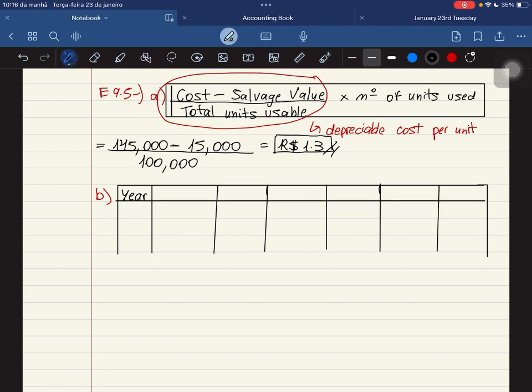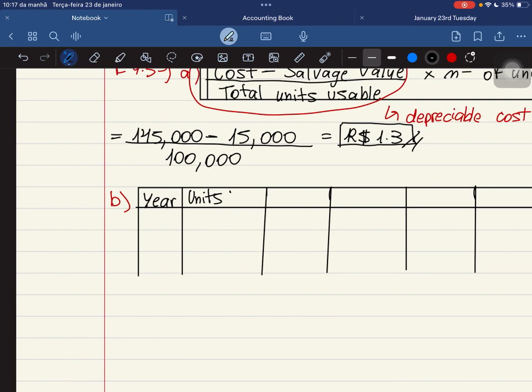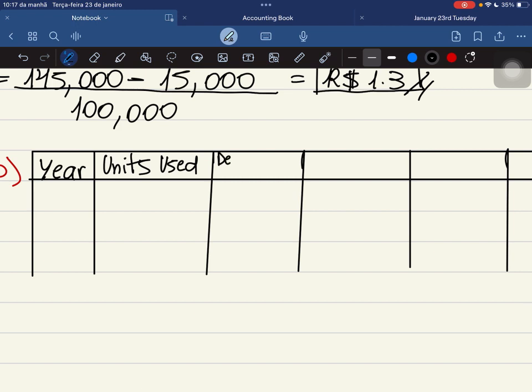Yeah. So the first thing that we would need to know are the units used, right? Just like they said, 2020, 21, 22, and 23, we had different units that were used. The amount was different. So the units used, and then you would have the depreciable cost, which is the value that we actually just calculated.